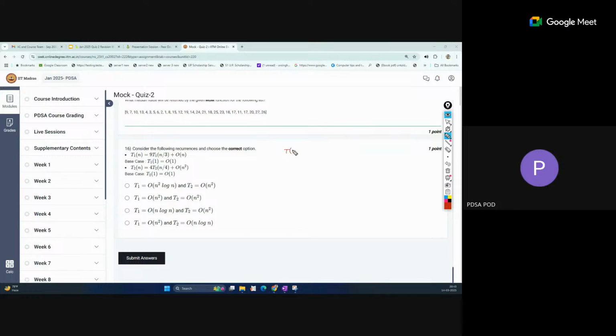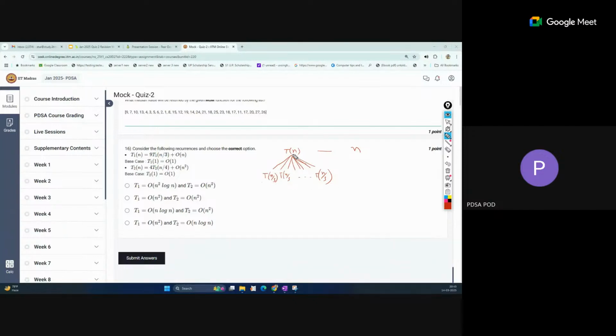So T(n) we have at the start, and this is repeating 9 times. That means 9 calls are there. Every call has n by 3, and apart from that we have an additional step n. That is the first step. Now these are the 9 calls.